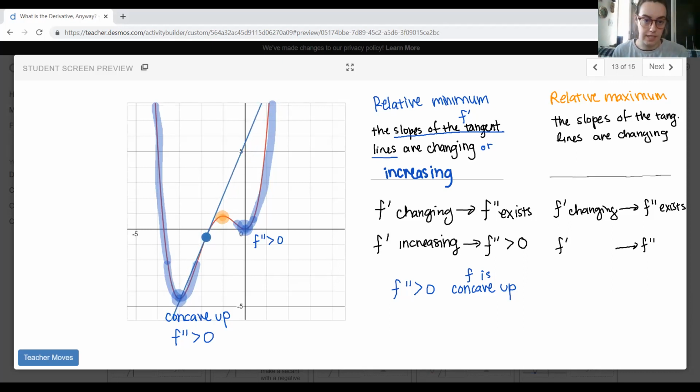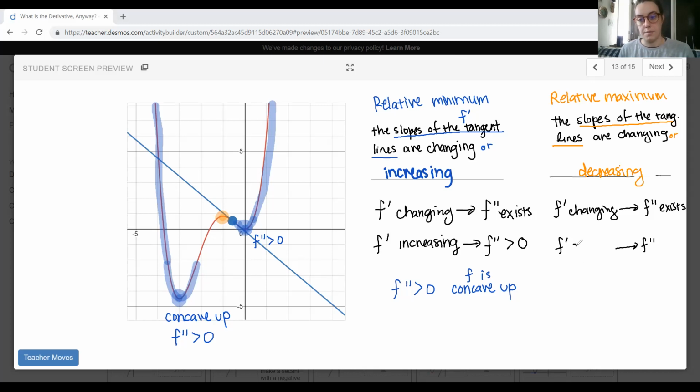That's where this is happening. It's a large positive, but then it's getting less positive and becoming more negative. Right? Less positive, more negative. So that means that the slopes of my tangent lines are changing, or specifically becoming more negative, decreasing.